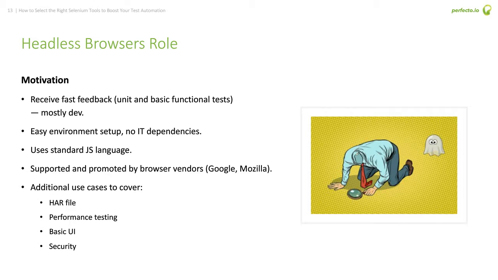So if you look at Google Puppeteer or Mozilla, which also has a headless browser solution, I think you will get a nice complementary test coverage, especially if you are a developer. I would say test automation engineers will mostly look at the bigger picture of end-to-end testing, functional end-to-end testing, integration testing, and stuff like that. But if you are a developer, I think these tools are growing. In the past you only had Phantom.js, which was end of life.